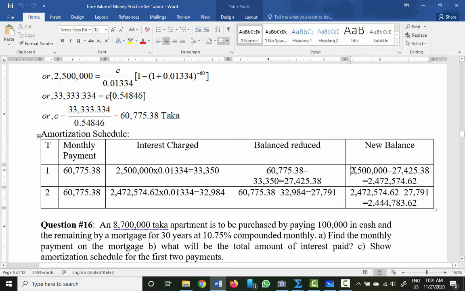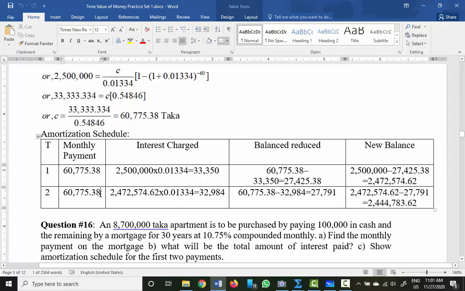The initial loan balance is the amount you borrowed, and from that this amount will be reduced, giving the new loan balance. So out of this 60,775 taka, you have paid this amount as interest, and this amount to pay off the loan. So this is your new loan balance.